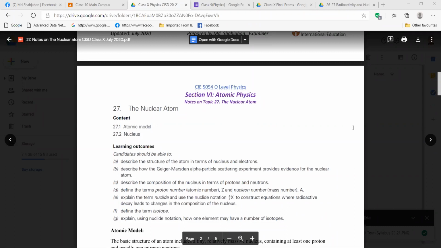Explain the term nuclide and use the nuclide notation AZX to construct equations where radioactive decay leads to changes in the composition of the nucleus. Define the term isotope. Explain using nuclide notation how one element may have a number of isotopes.